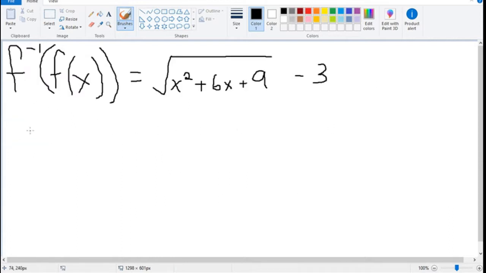So now we simply have to do the other half of this checking to make sure we are correct. If you remember from earlier in the video, this equation right here actually transforms very nicely into x plus 3 squared. So we're just going to fill in the rest of the equation and keep that like that.